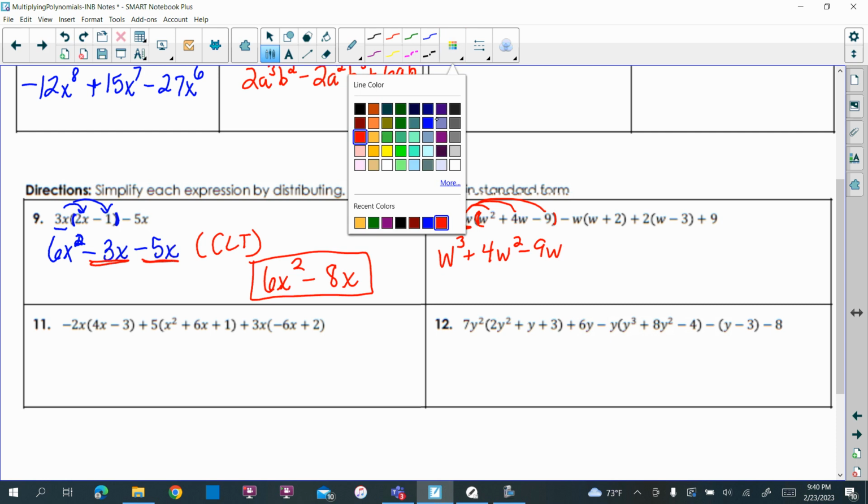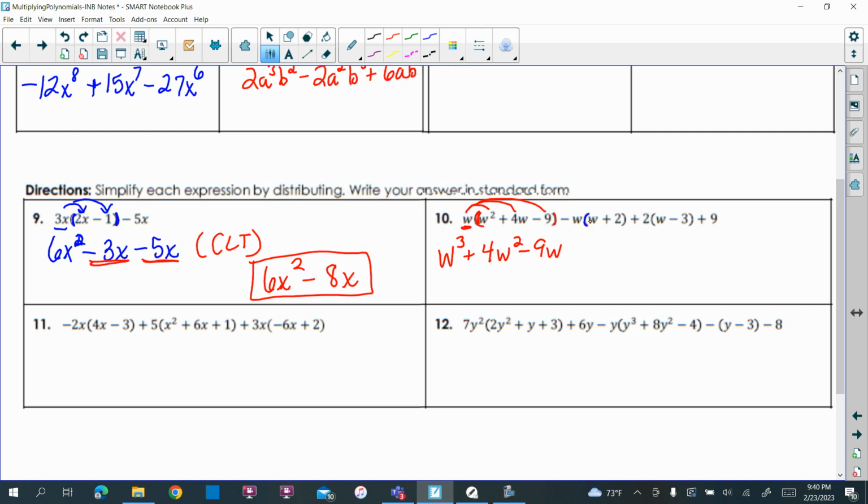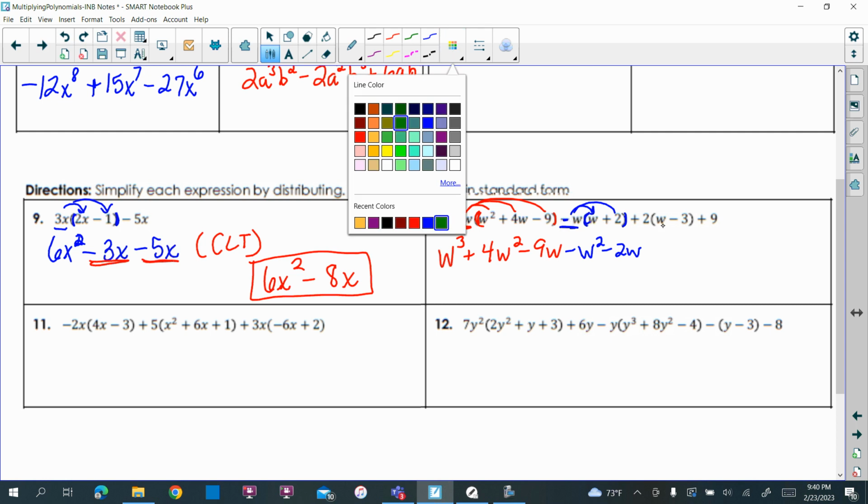Then when I go to the next grouping here, don't forget your sign, because this is a minus sign, so this is like a negative w. So negative w times w is going to give me a negative w squared, and that's going to give me a negative 2w.